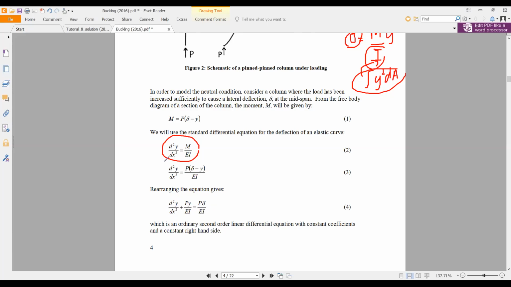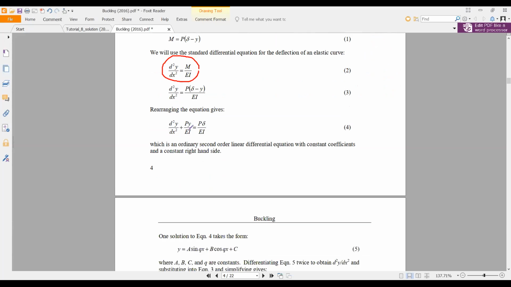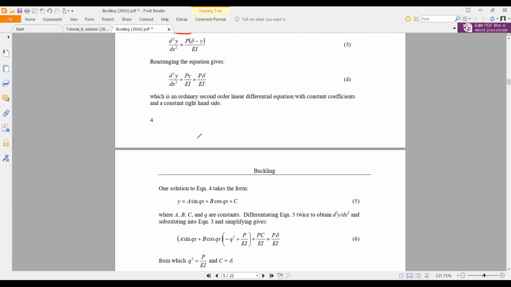We can rearrange this equation, not convert, just expand the brackets and rearrange. Then we need to solve this second order differential equation. That is also mathematics knowledge, so you should know how to solve it. Normally this kind of equation gives a sine cos function.